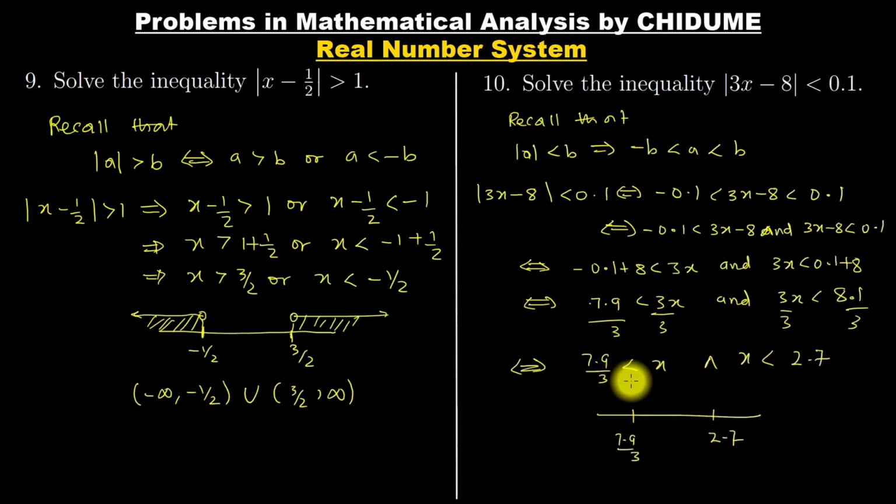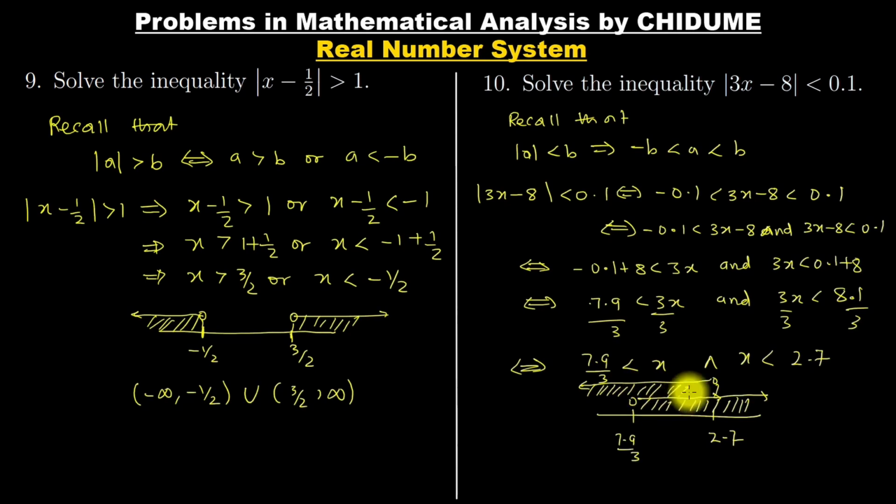Here we have 7.9 over 3 less than x, so I'm going in this direction. And here we have x less than 2.7, so we are going in this direction.